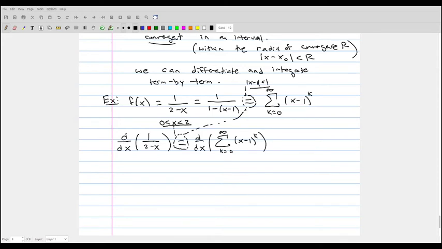But when this is equal to this, the theorem is telling us that we can take the derivative of both sides. Not only that, but the derivative of this infinite sum will be the same thing as the sum of the derivative of each individual term.